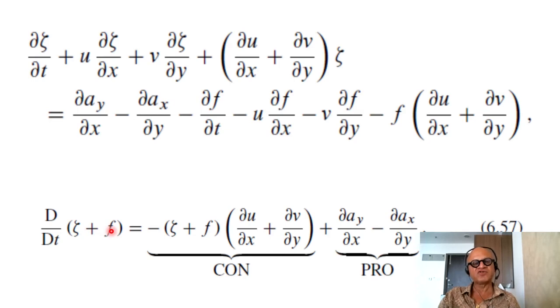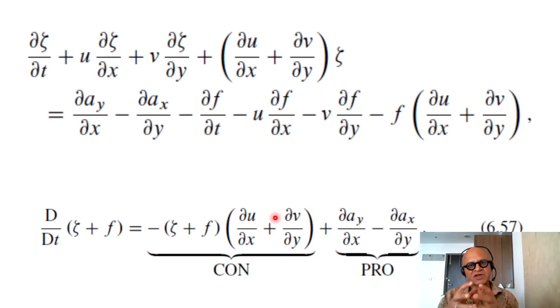It is the vorticity we all acquire just because we are on the planet, so it is not felt because we are moving with the accelerated framework. But if you use the unaccelerated framework, then that's the total or absolute vorticity zeta plus f, and this is the convergence term.